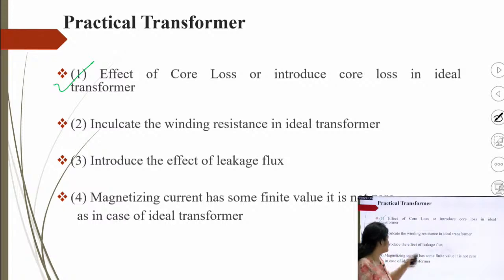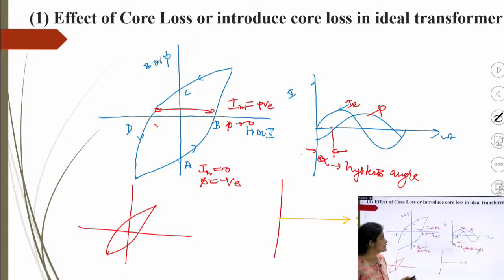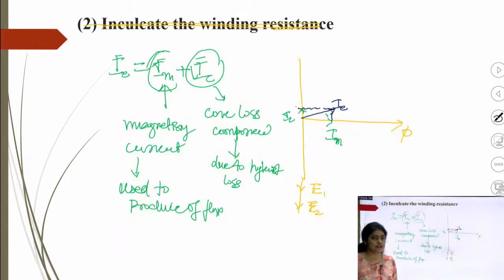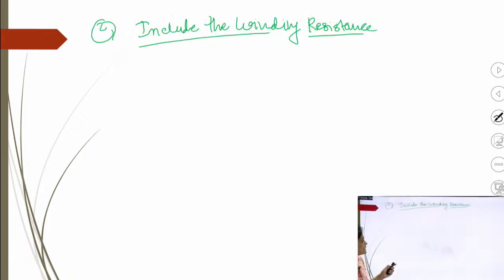Second, we will include the winding resistance in the ideal transformer, because previously we assumed that the winding resistance is negligible, but in this case you can see that we have to include the winding resistance, because in the practical case winding resistance cannot be avoided, right.